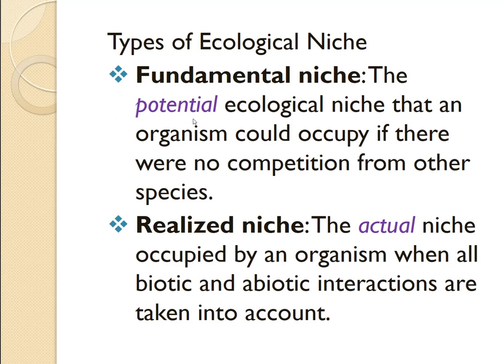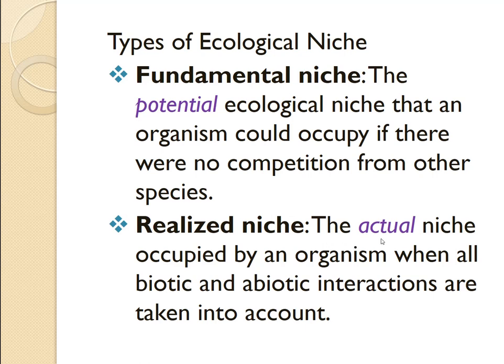The keyword you all must understand is potential. What it is able to achieve, or what it is able to do in that particular habitat, if let's say there is no competition. As for realized niche, realized niche is the actual niche that is occupied by an organism if we consider the interactions that might happen. We consider that there is competition, and that there is sharing of resources by other species.